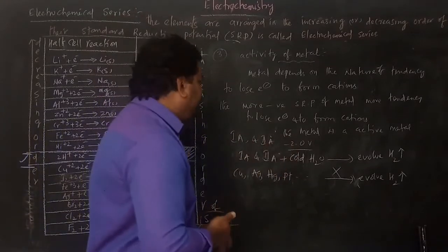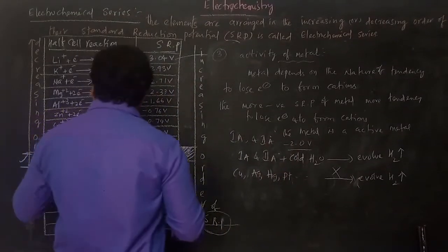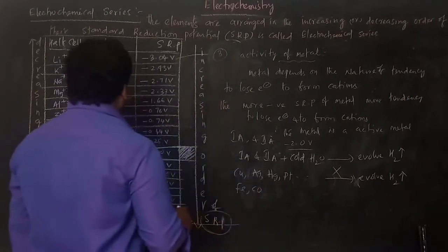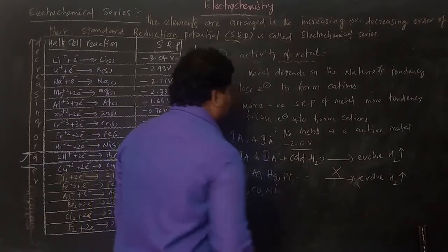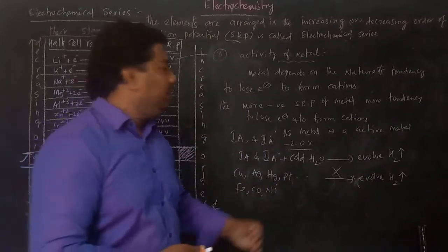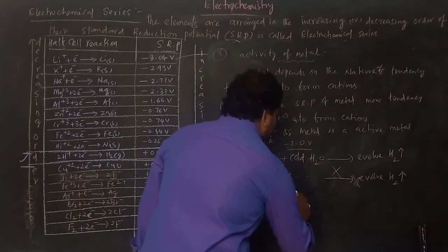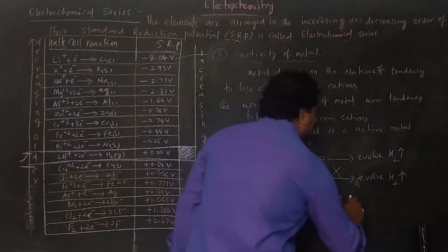That is very, very important. And a few metals like iron, cobalt, and nickel can evolve hydrogen gas with steam. Not with cold water, but they react with hot water, and then they evolve hydrogen gas.